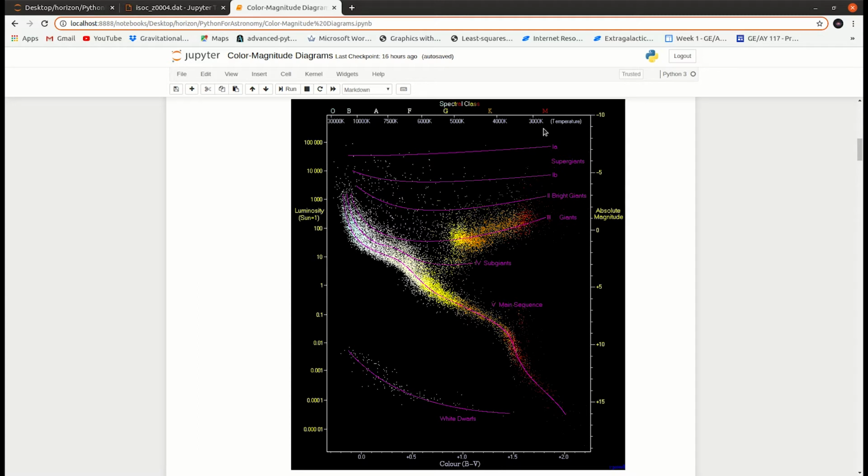That's how you can do this classification for different stars and fit them in different categories. Okay, so that's the spectral class.